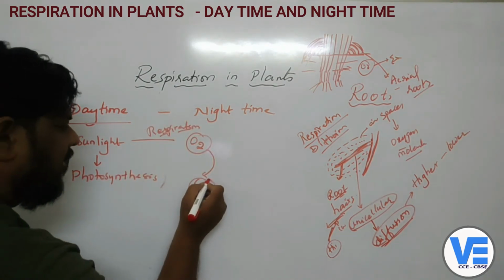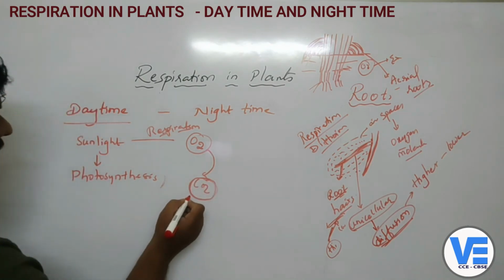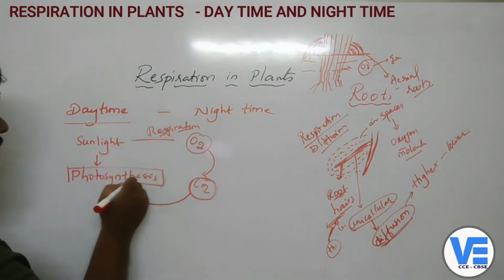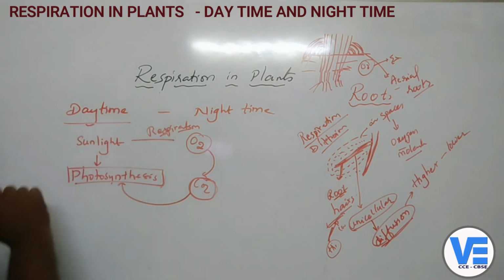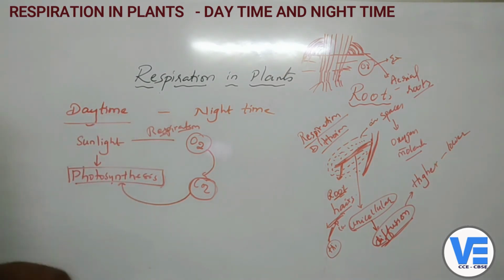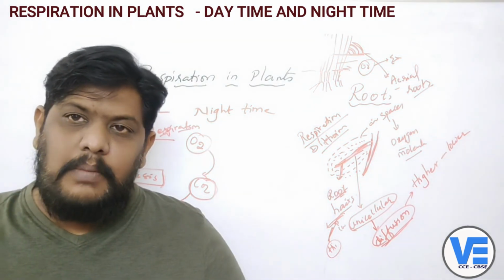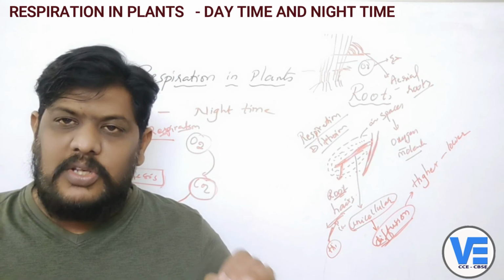And whatever carbon dioxide is given out will be utilized by the plant for the process of photosynthesis, especially when there is sunlight, because we have already learned in the first unit that sunlight is a very important factor.